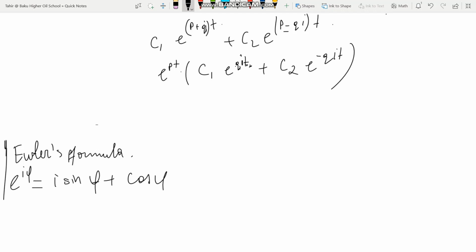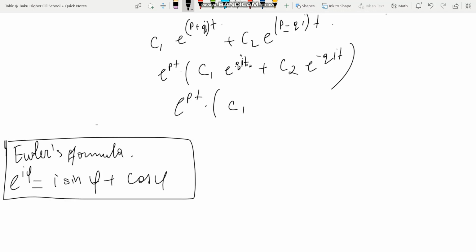Let's write this. It will be the same, e to the power pt multiplied by c1, and apply Euler's formula. It will be i sine qt. Our angle here is qt, phi is equal to qt, and i is the same.